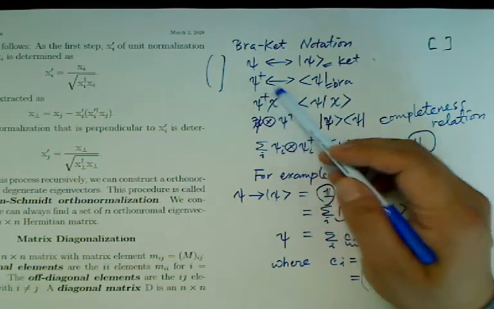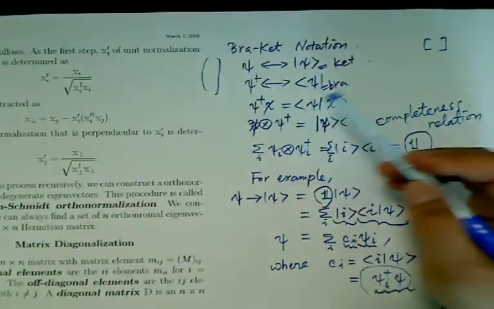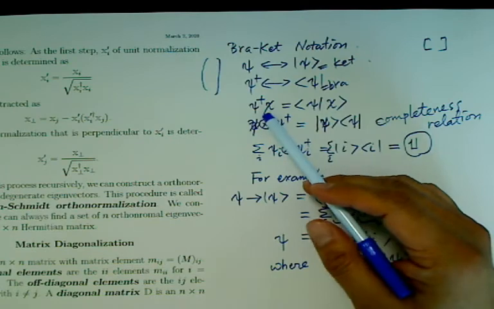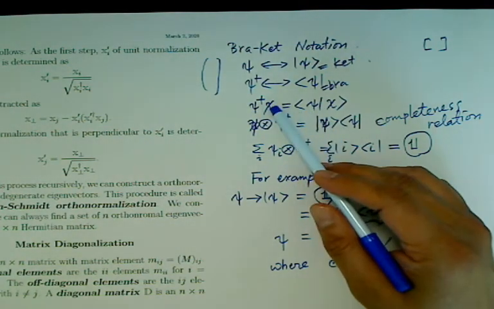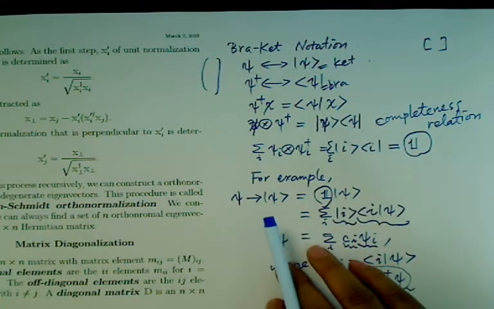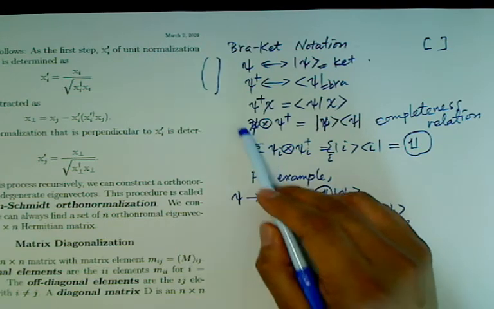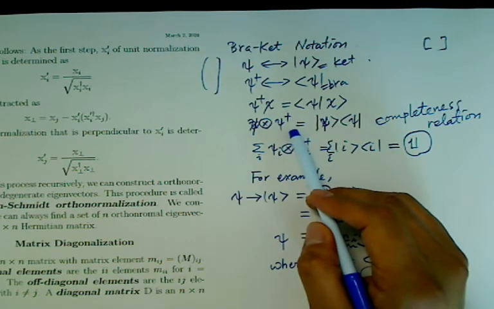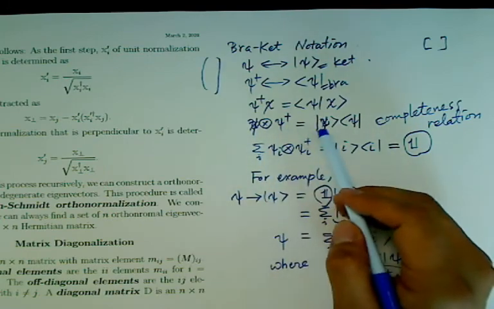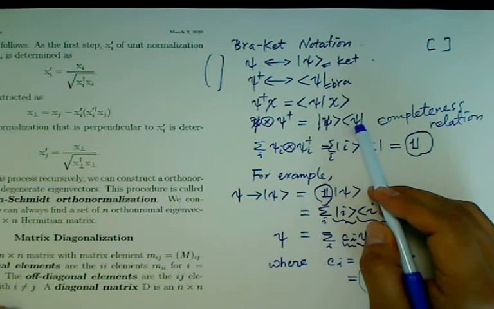The scalar product can be defined by psi dagger chi, and it can be expressed in the bracket notation. This is bra psi, and this is ket chi. The direct product can be expressed as a column vector multiplied by a row vector, right? In the bracket notation, ket psi and bra psi.